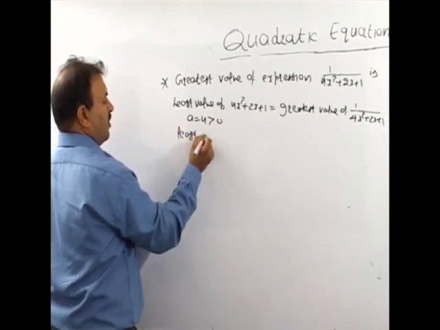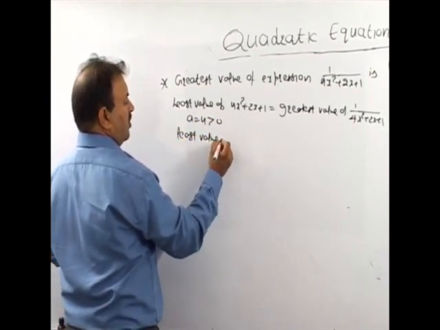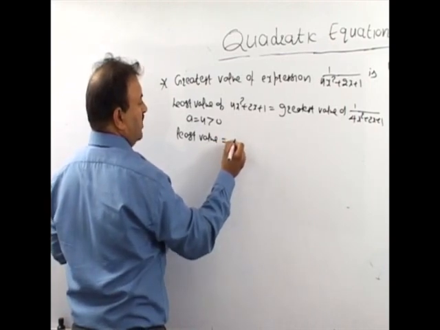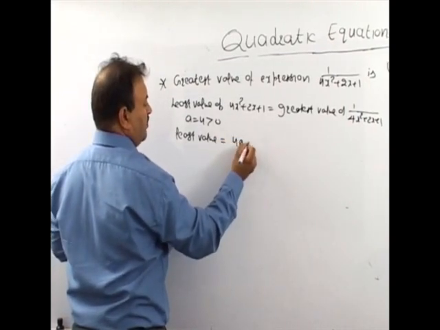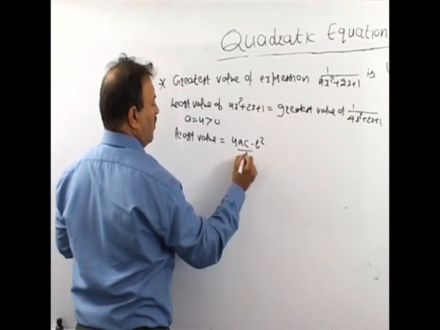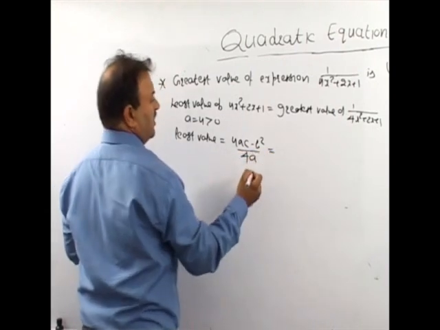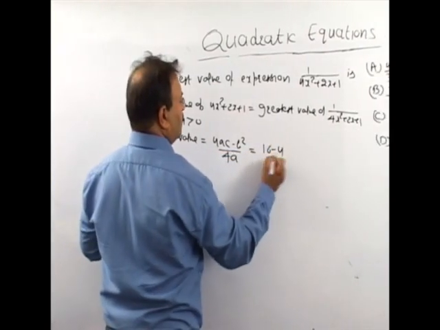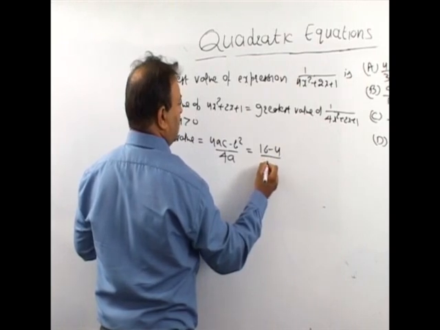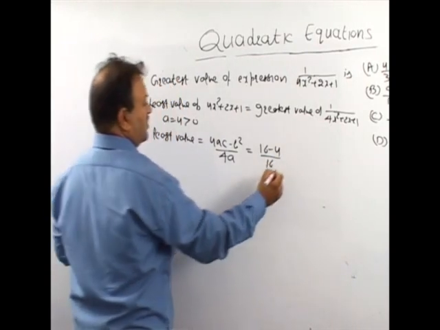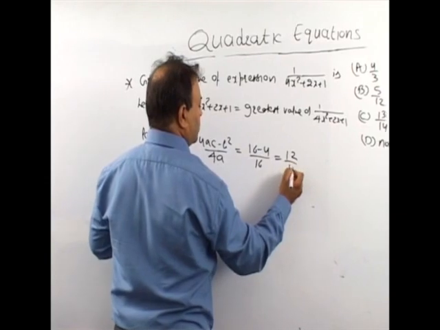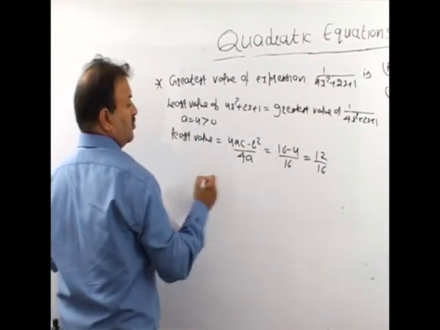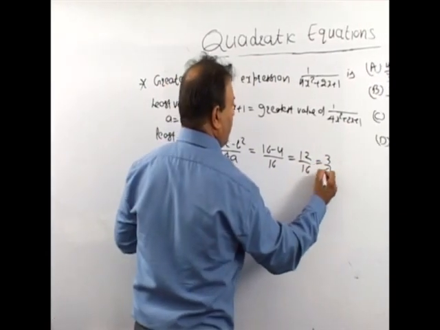Least value is 4ac minus b square upon 4a, that is (16 minus 4) upon 16. This is equal to 12 by 16, it is 3 by 4.